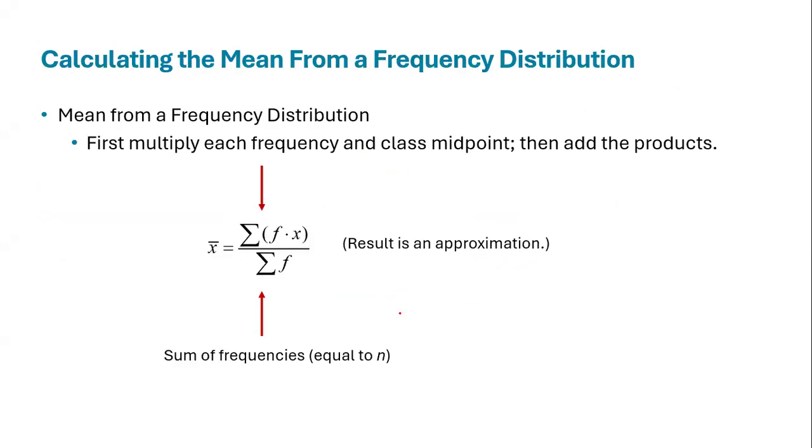Now, after learning how to find the mean, median, and mode of any data set, let's see how we can find the mean of a frequency distribution. When we have a frequency distribution, that means we have some values, or classes, and a frequency for each class or for each data.